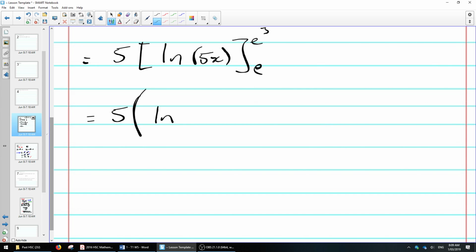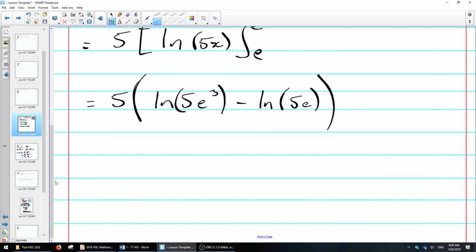So this would be ln 5e cubed minus ln 5e. It's kind of ugly because I've kept the 5s.